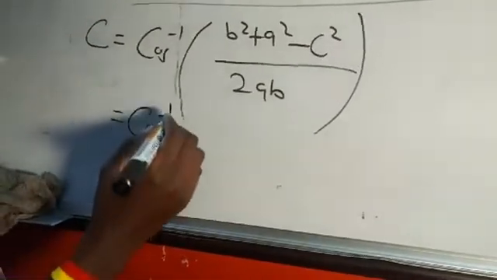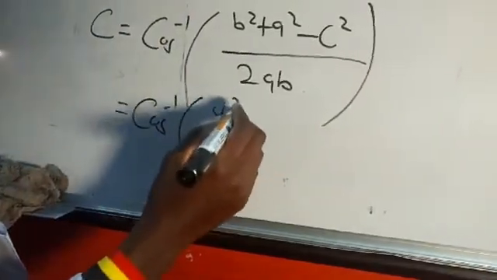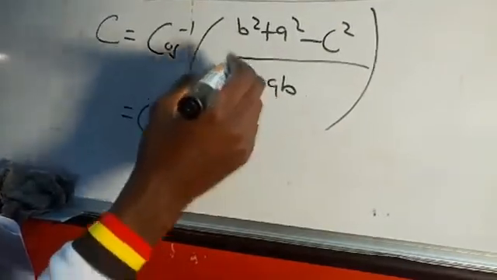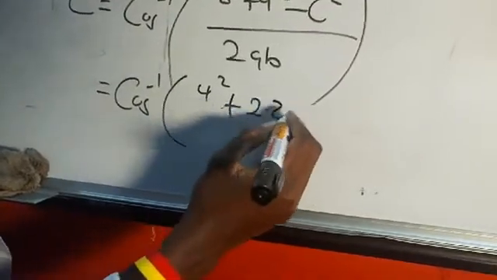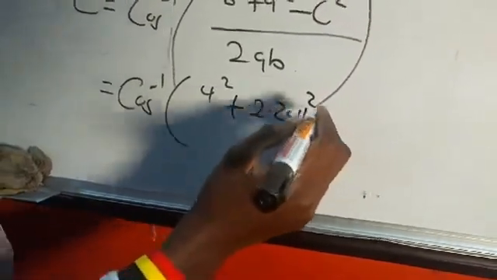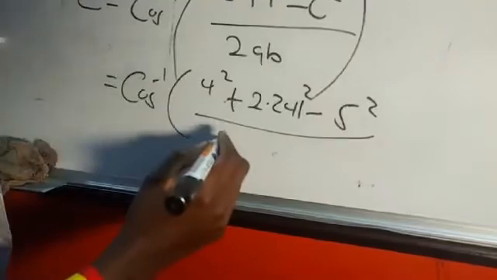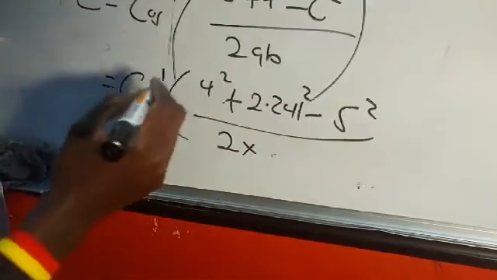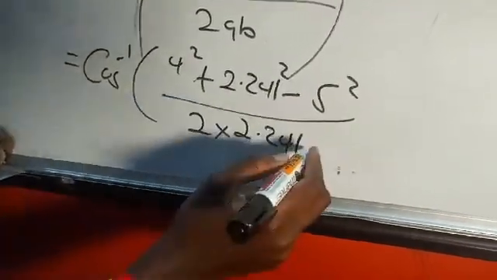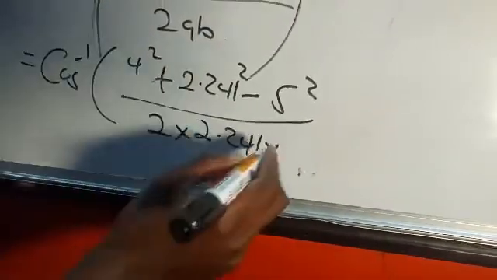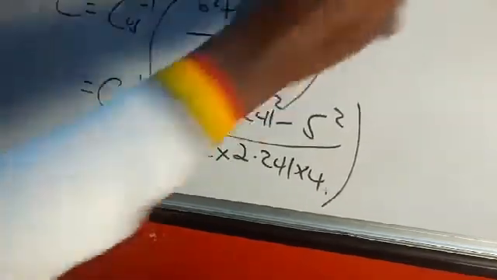Applying the figures, cos inverse into brackets, b is 4 squared plus a, which is 2.241 squared, minus c, which is 5 squared, over 2 times a, which is 2.241, times b, which is 4. Let's complete it from here.